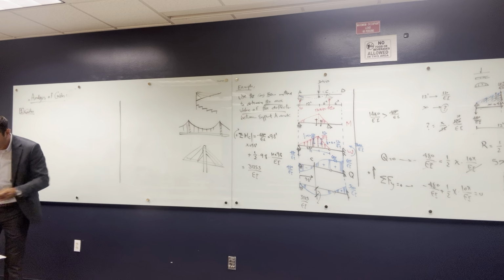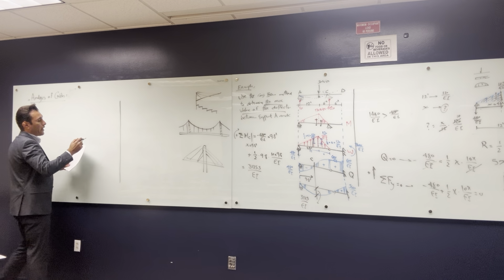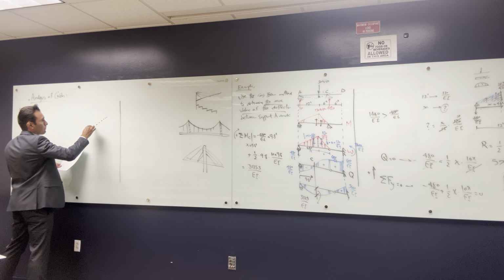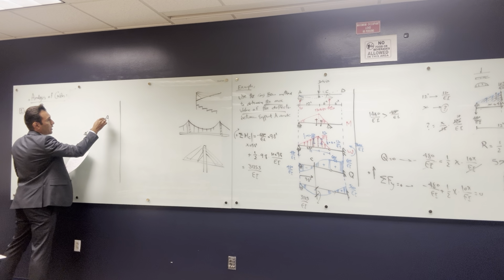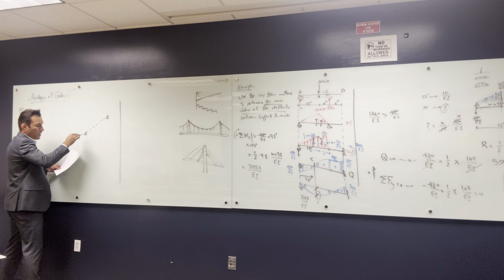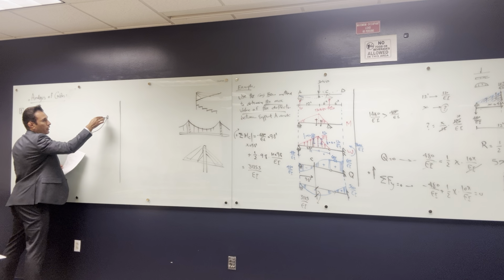So let's use this information to put some basics on the board. So if I have a structure like, let's say, I have a support here, and I have a support here, and there is a cable in between these two supports. The cable is always going to look like this, something like this, but I make it big.